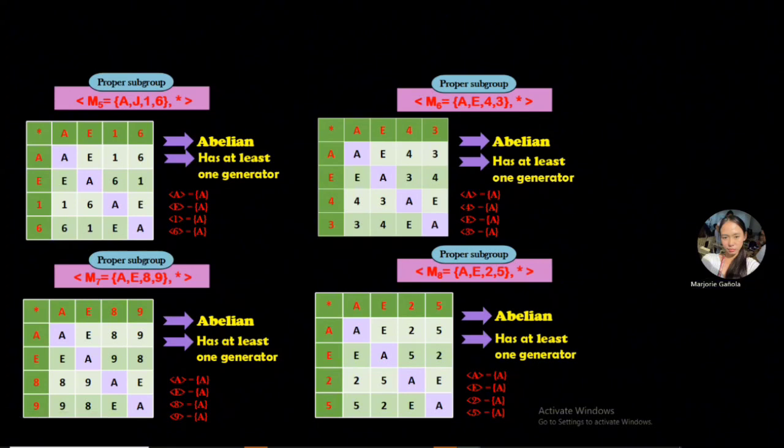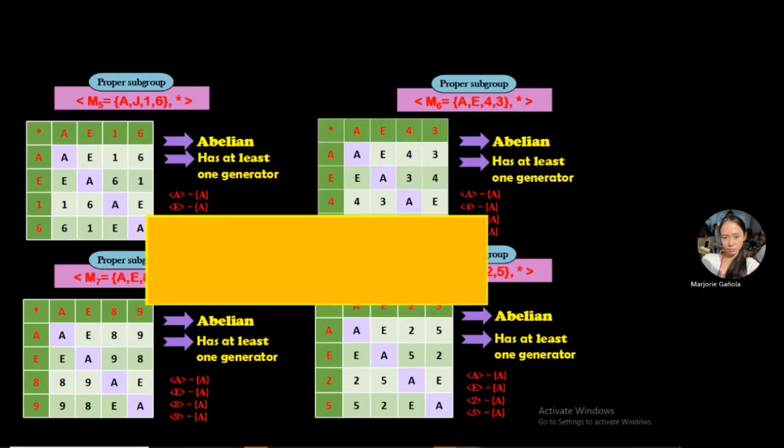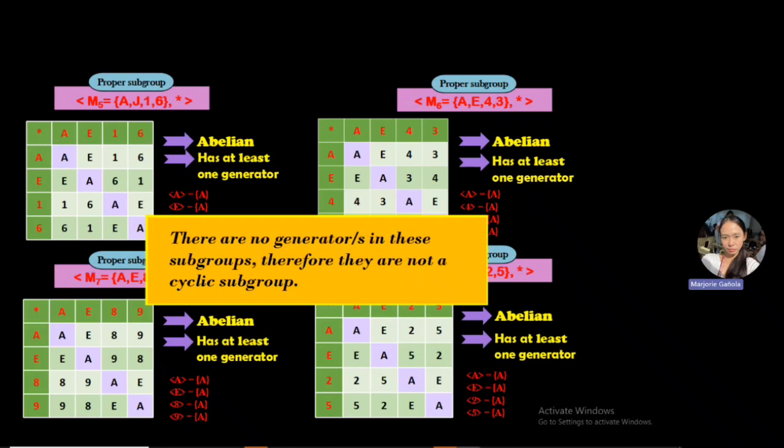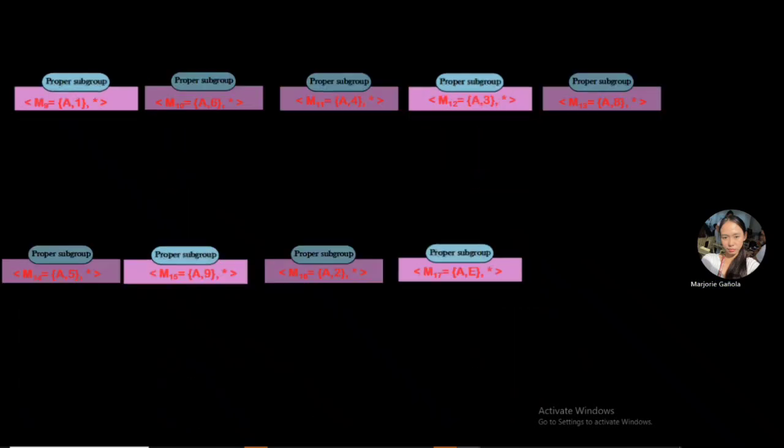Therefore, we can conclude that there are no generators in these subgroups and they are not cyclic subgroups, because they might satisfy the first condition, however, they violate the second condition, which is having at least one generator, since they have no generators.